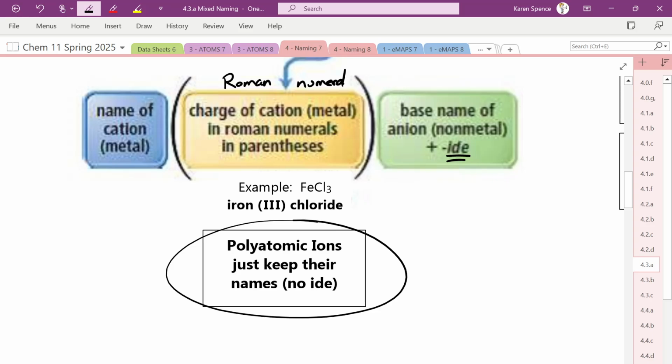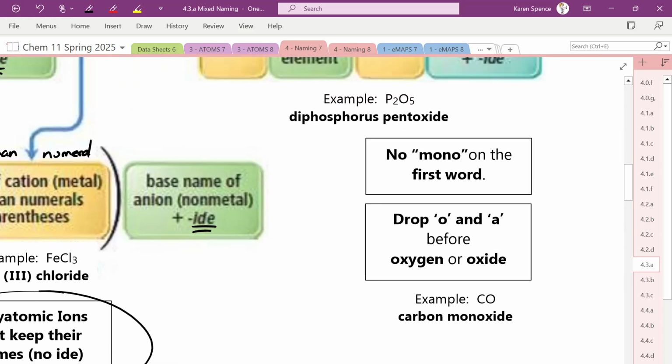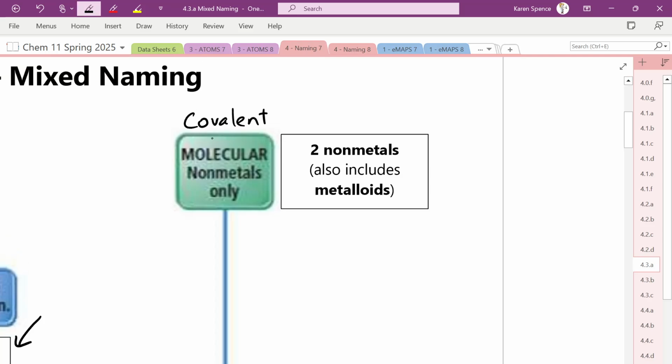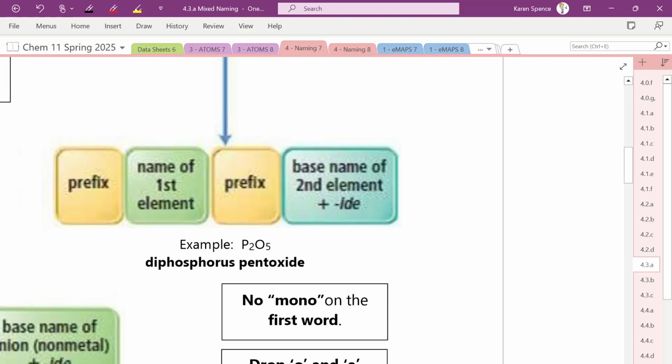The only thing that we're adding in on quiz 6 is that there will be some covalent compounds mixed in there. And what do we need to use when we have a covalent compound? We use the prefixes, okay?